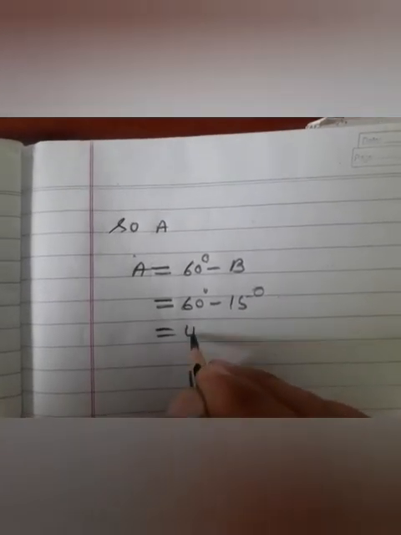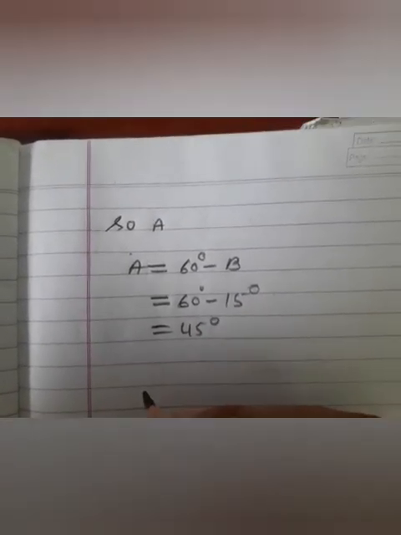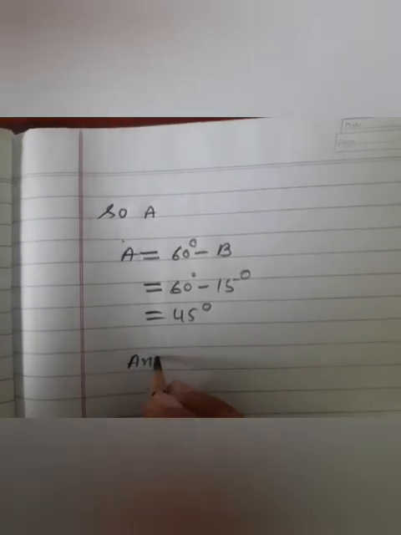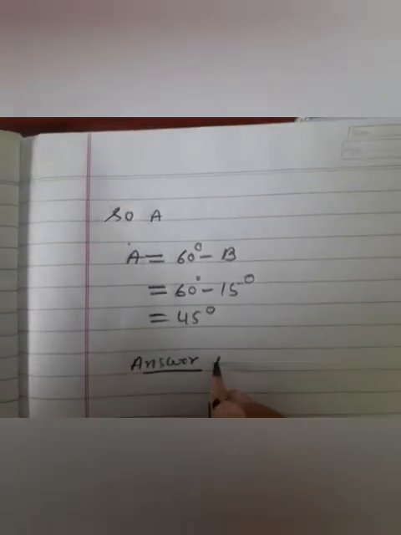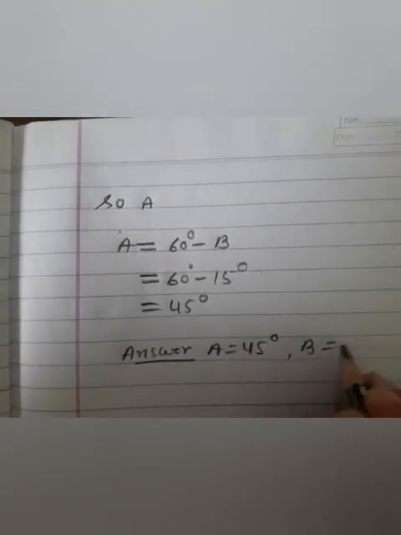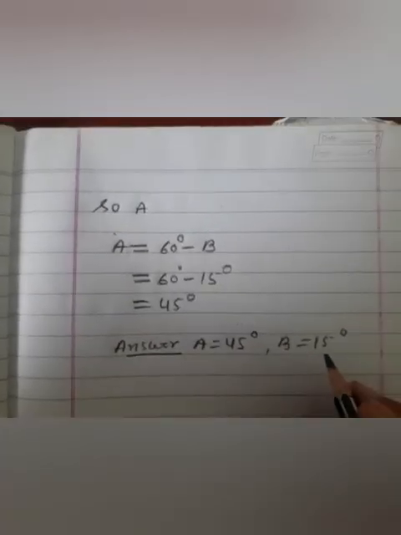What we get here? 45 degree. Clear? So your answer is A is equal to 45 degree and B is equal to 15 degree. Clear?